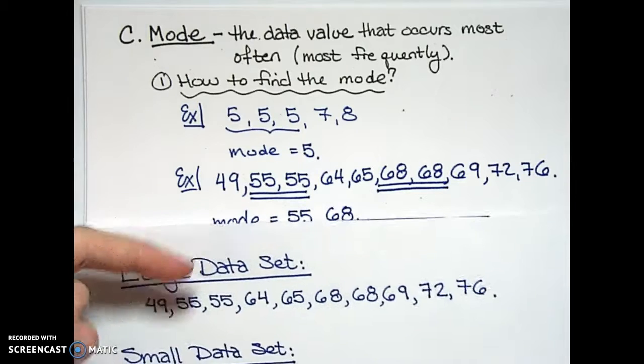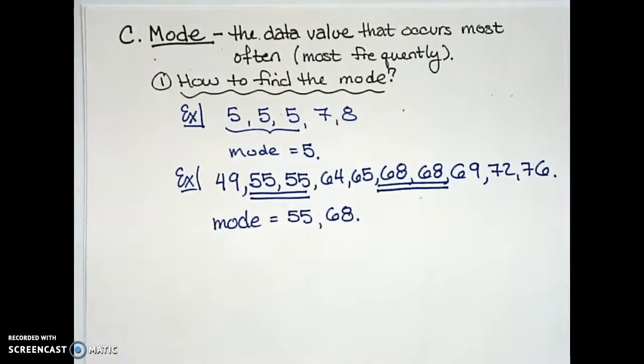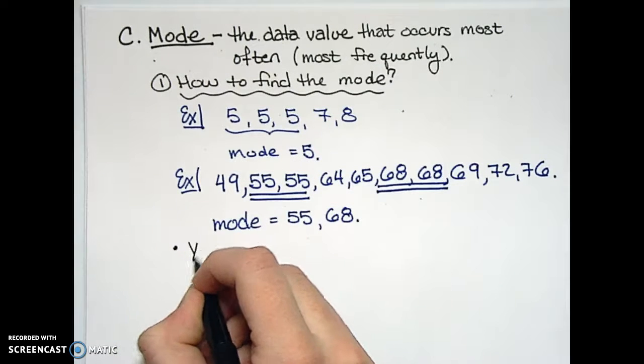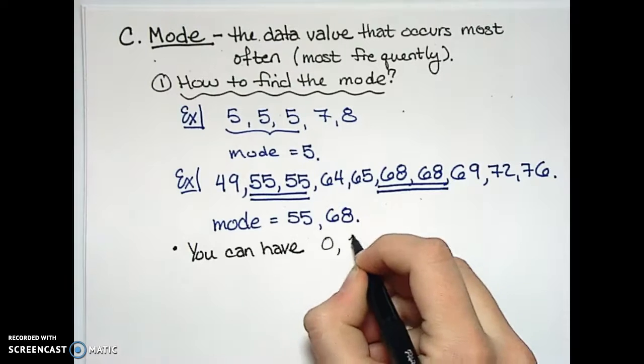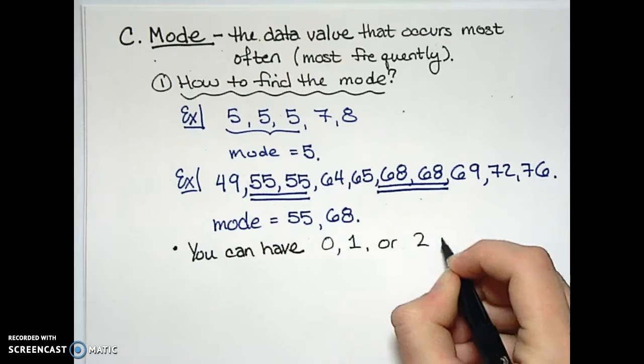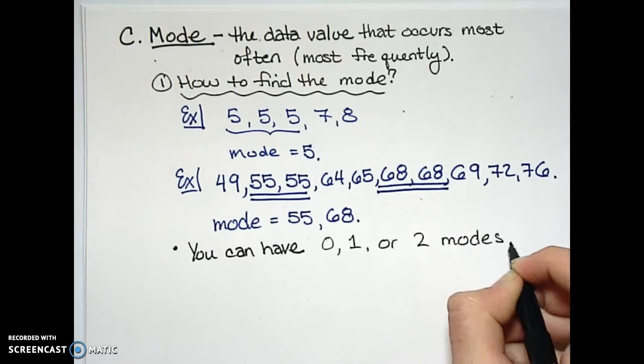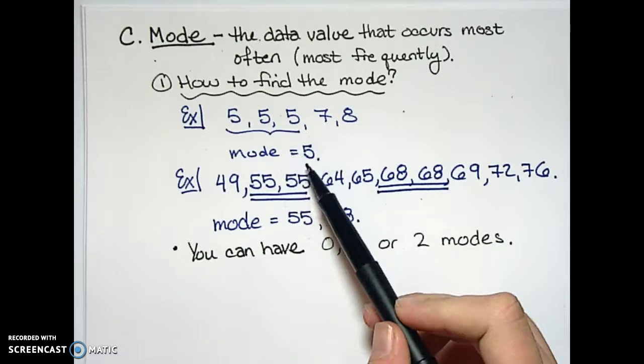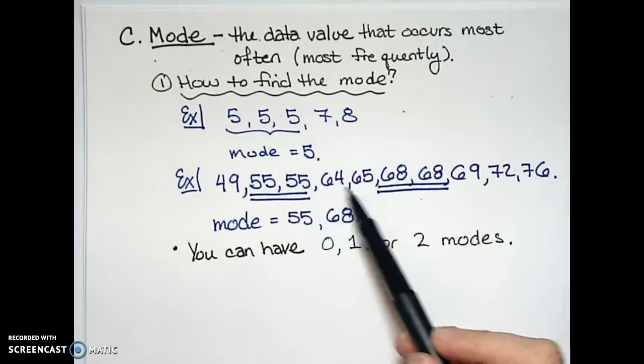Well, if we can have 2 modes, can we have 3 modes, 4 modes? What are the rules on modes? It turns out that you can have 0, 1, or 2 modes, depending on the data set. In the initial example up here, we had a single mode. Down here, we have two modes.